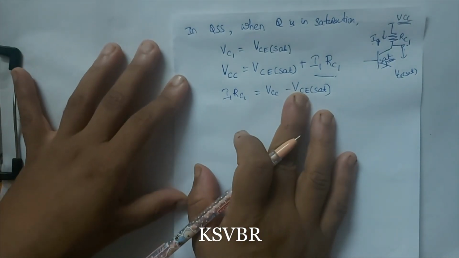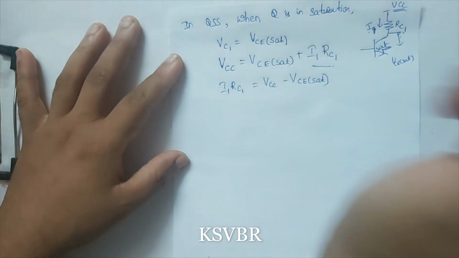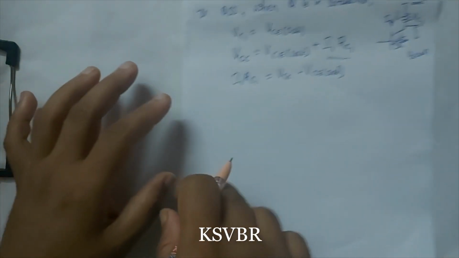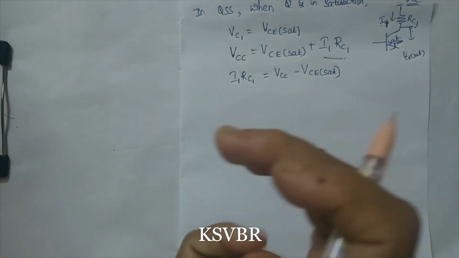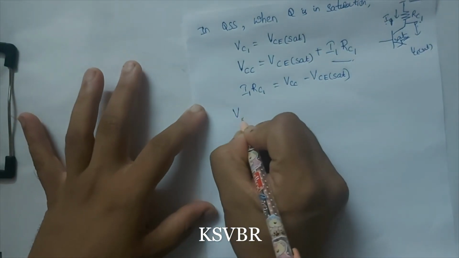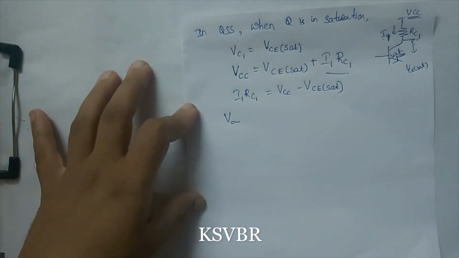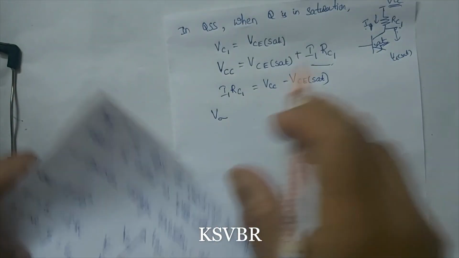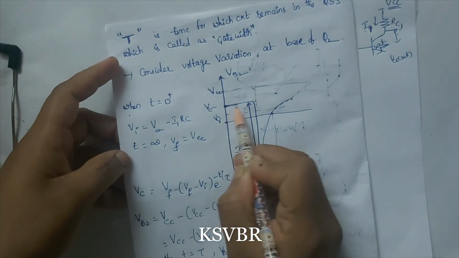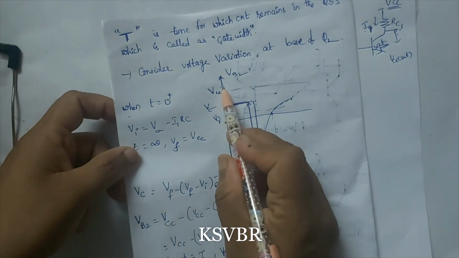So now substitute these values in pulse width T, and we are having V gamma. V sigma is nothing but our saturation value of VB2.